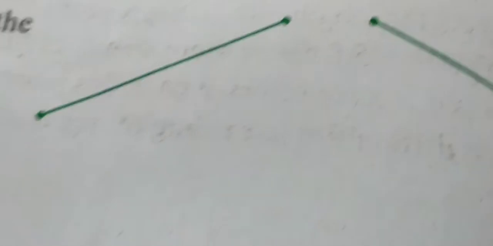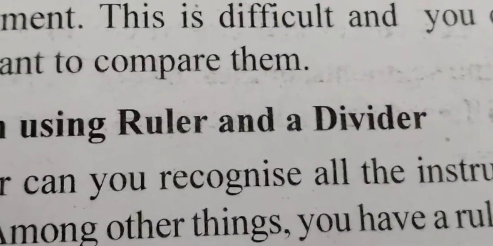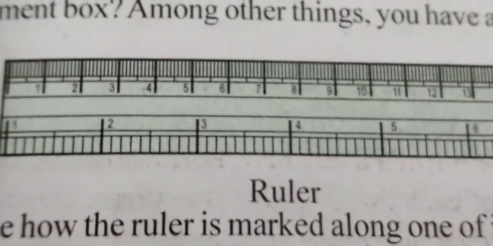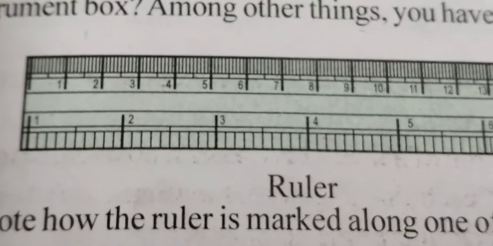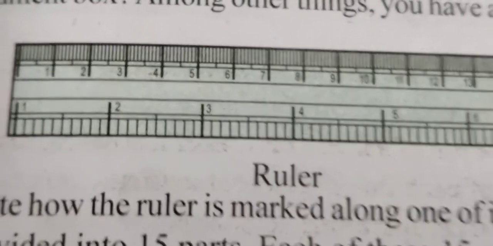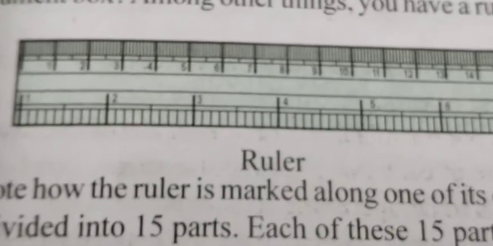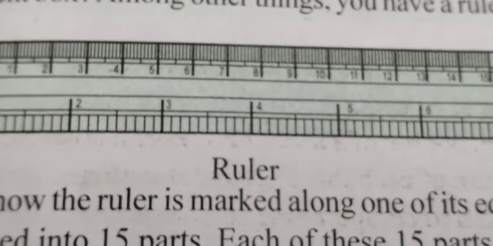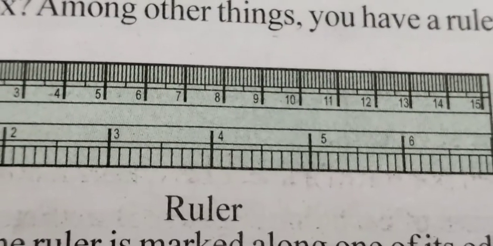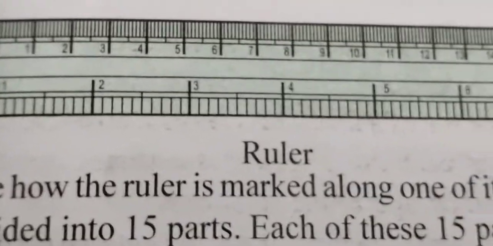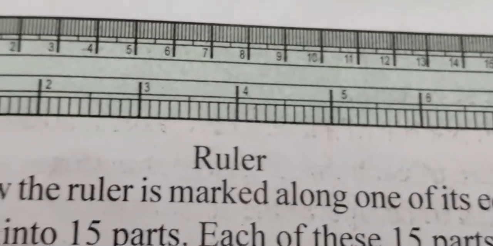And the best way of comparing the length of line segments is using a ruler and divider. A ruler is the scale which we use to draw lines or measure line segments. You can see gradings. It's a small ruler with 15 centimeter gradings, and in inches it is 7 inches.